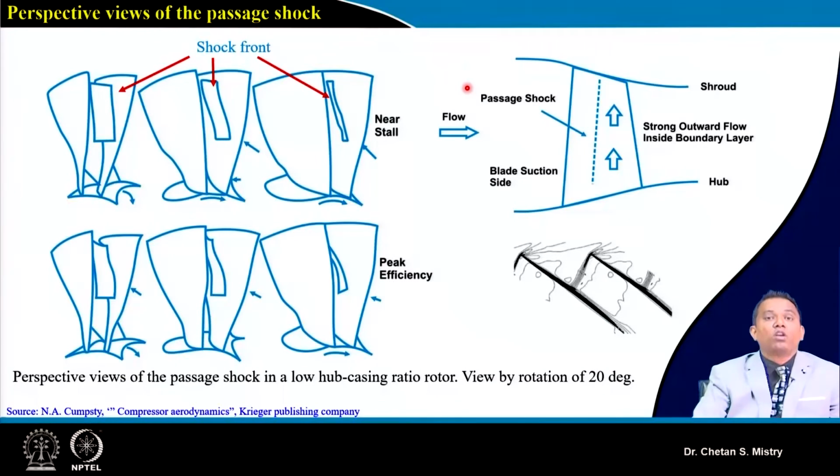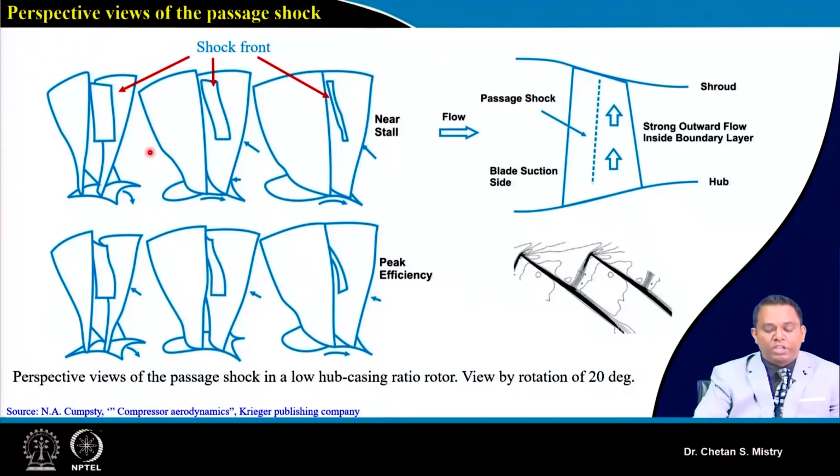Now in order to understand how exactly my shock front will be standing, because of the ability of flow visualization techniques like PIV, some of the experiments and their results are being reported here.